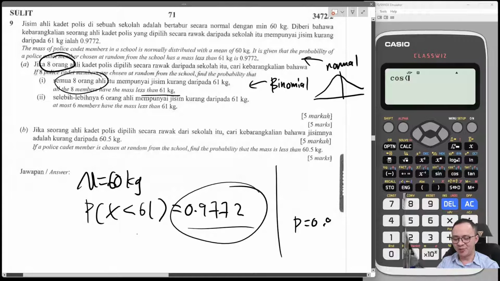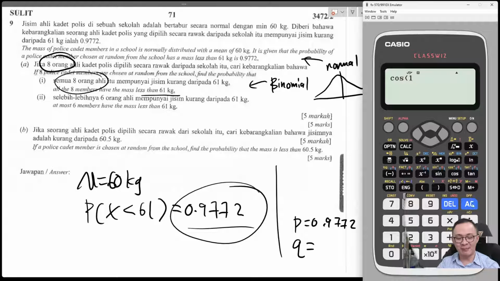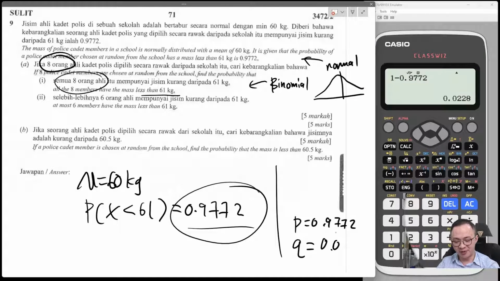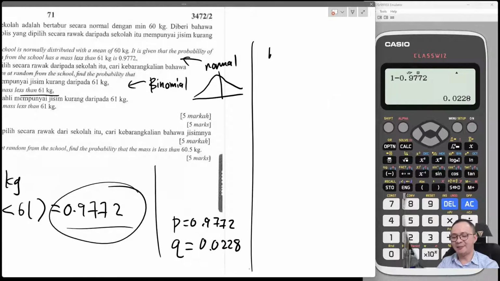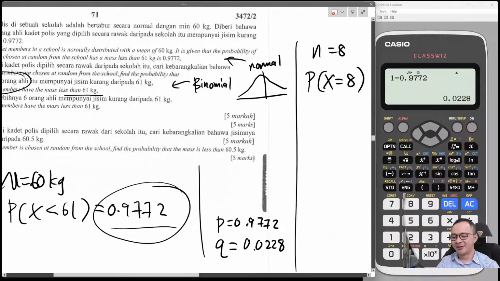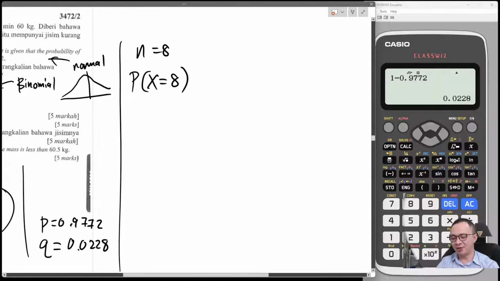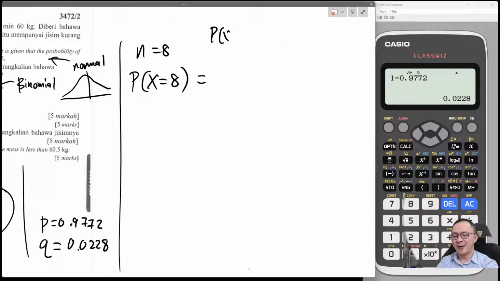P equals 0.9772. Then, of course, I expect you know the q. Q is 1 minus p, isn't it? So it's 0.0228. Okay, so right now, my n is 8. I have 8 cadet police, all of them have a weight less than 61 kg. So I just apply the formula: P(X = r) = nCr p^r q^(n-r).